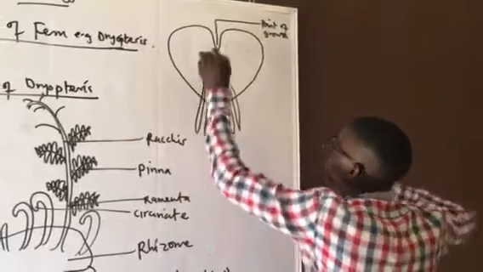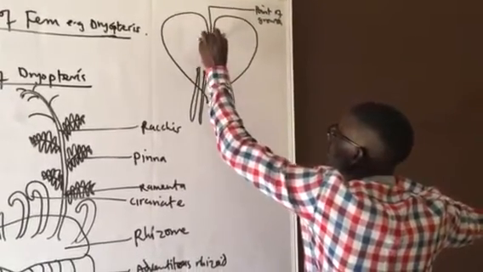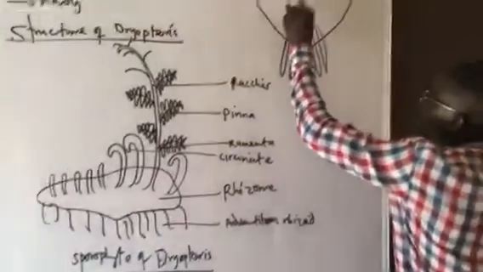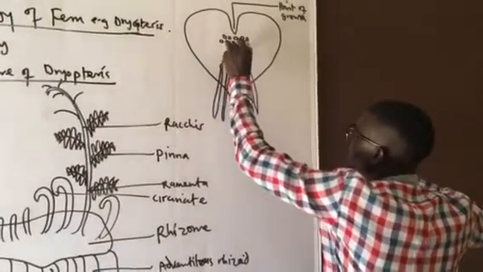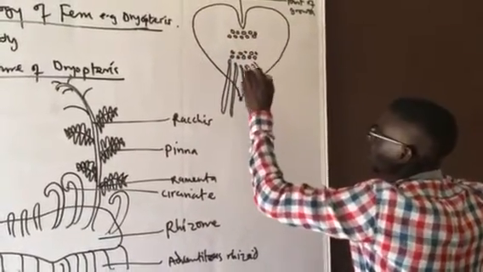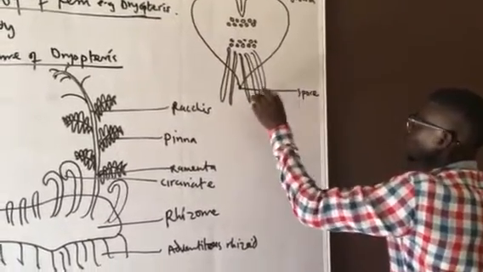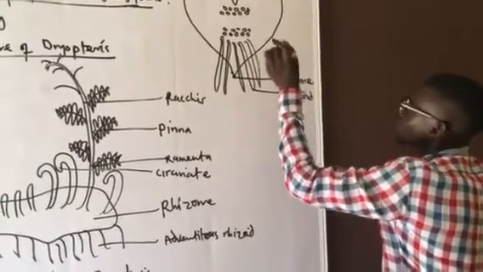Then we also have the antherozoid. We have the archegonium there. This is the antherozoid. Then we have the rhizoid. This is spore, unicellular rhizoid.